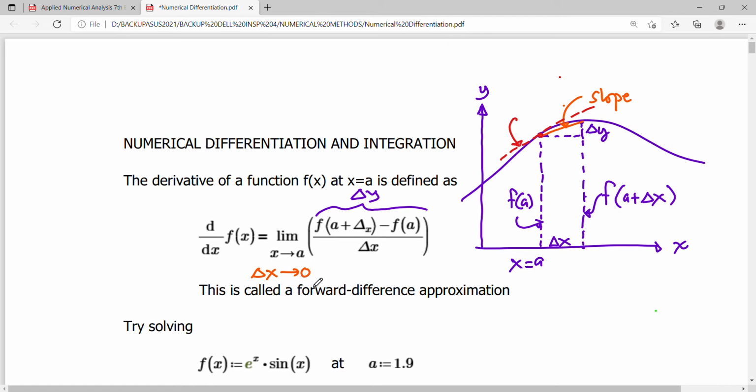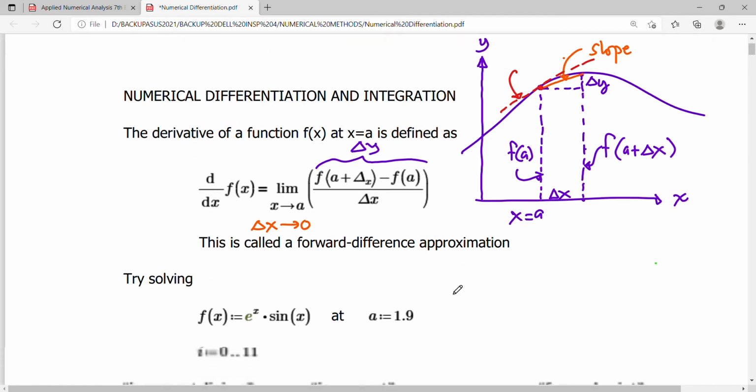Okay, so approaching 0 means it becomes very, very near but not equal to 0, or else this limit here will actually be misbehaving when you have a denominator equivalent to 0.